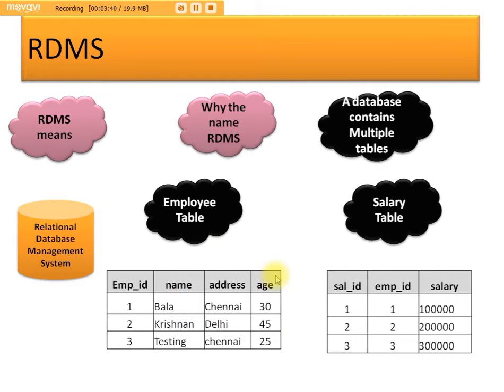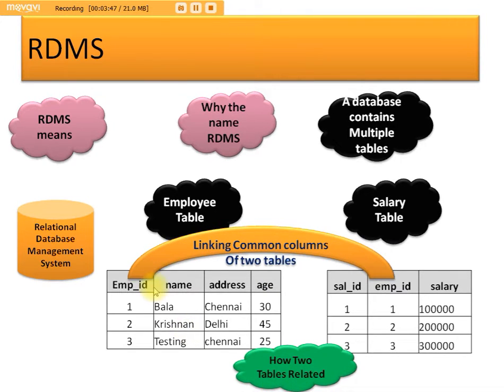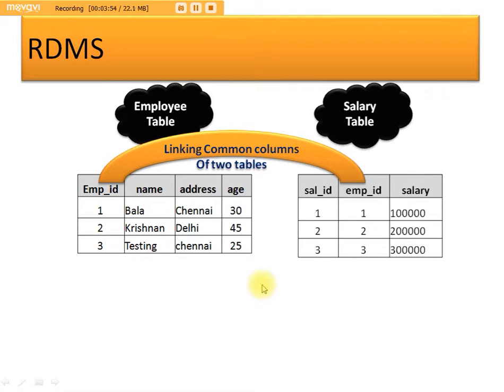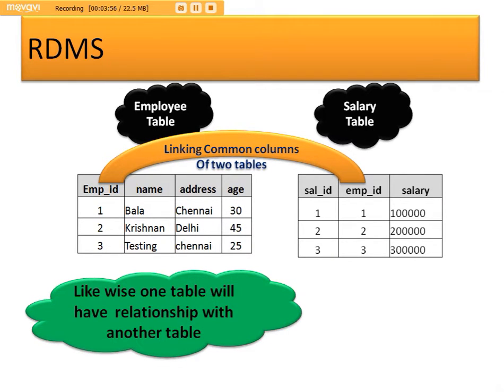Here we can see how we can relate two tables. They are related by a common field or common column called employee ID. When we have a relationship between two tables, likewise other tables will have relationships with other tables. This is the reason the database is called a Relational Database Management System.